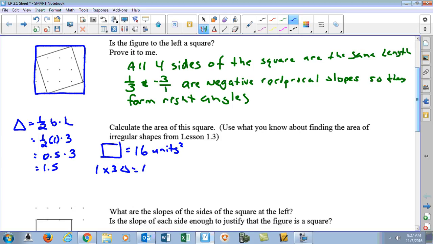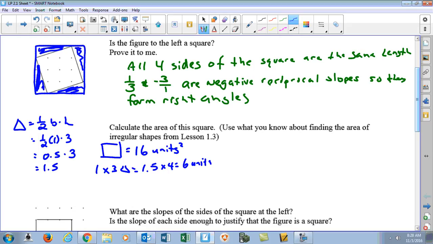So if one triangle is 1.5, multiply it by 4 of them. What's 1.5 times 4? 6. All right, so the combined area of all 4 of these blue little areas is 6.